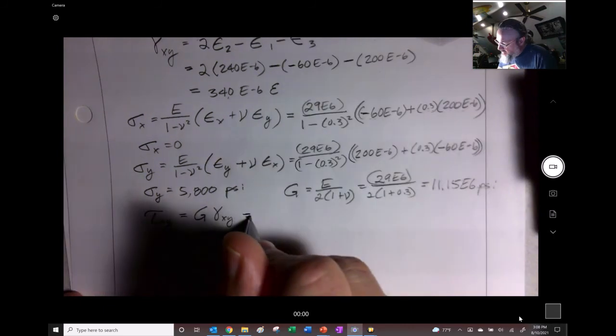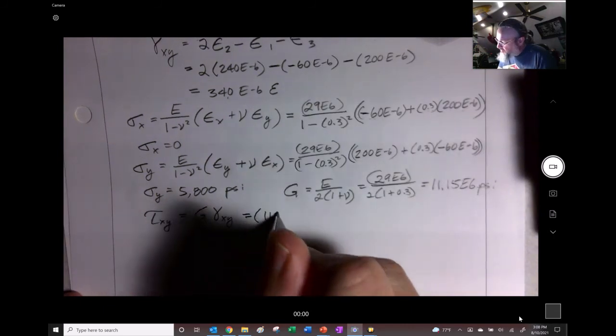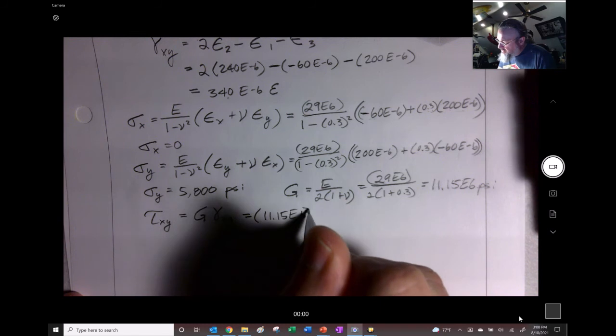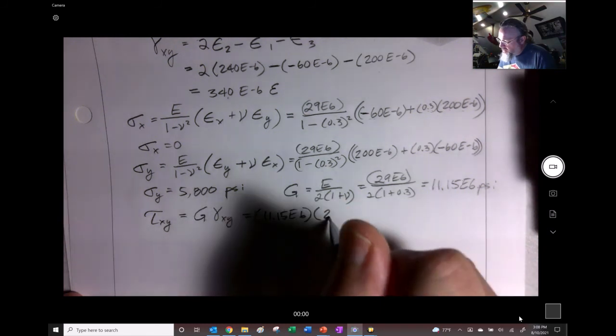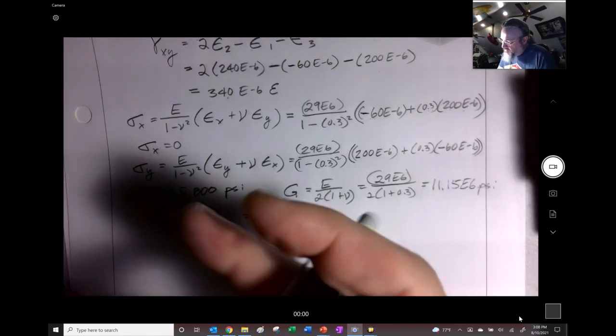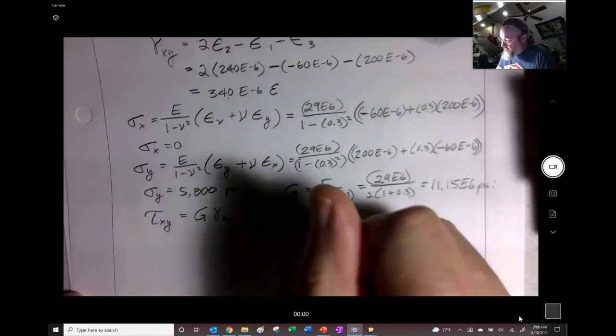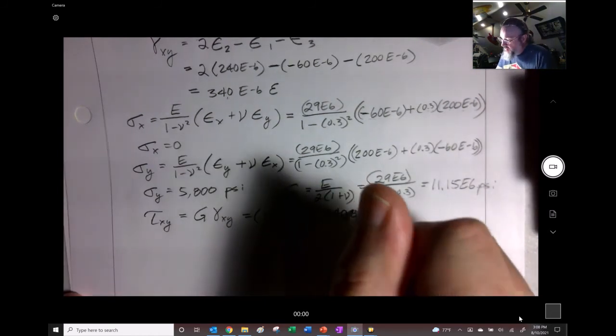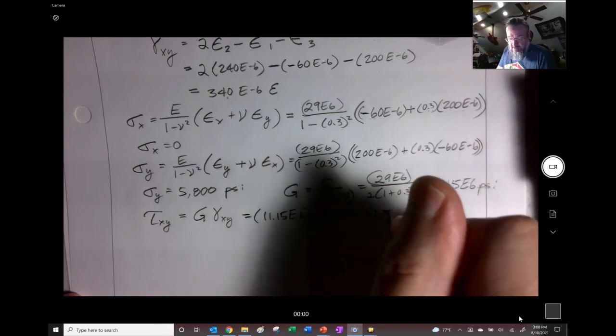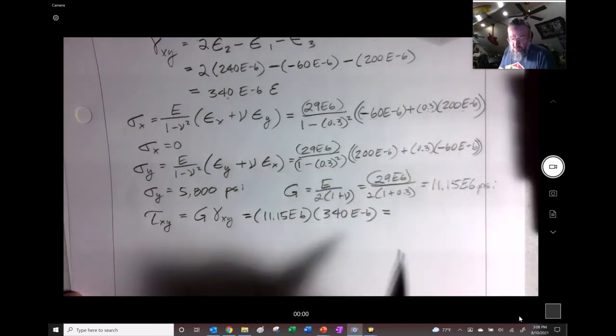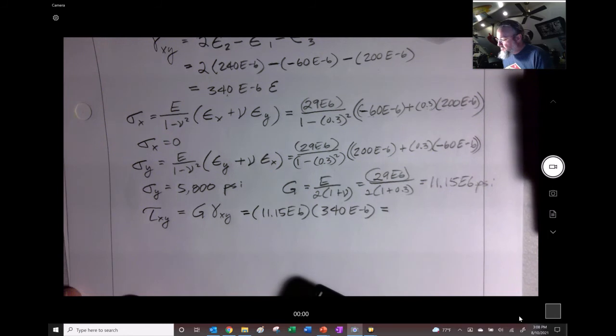So anyway, we stick this in there and get 11.15E6 times our 340E minus 6, and what we're left with, I hope so, right?